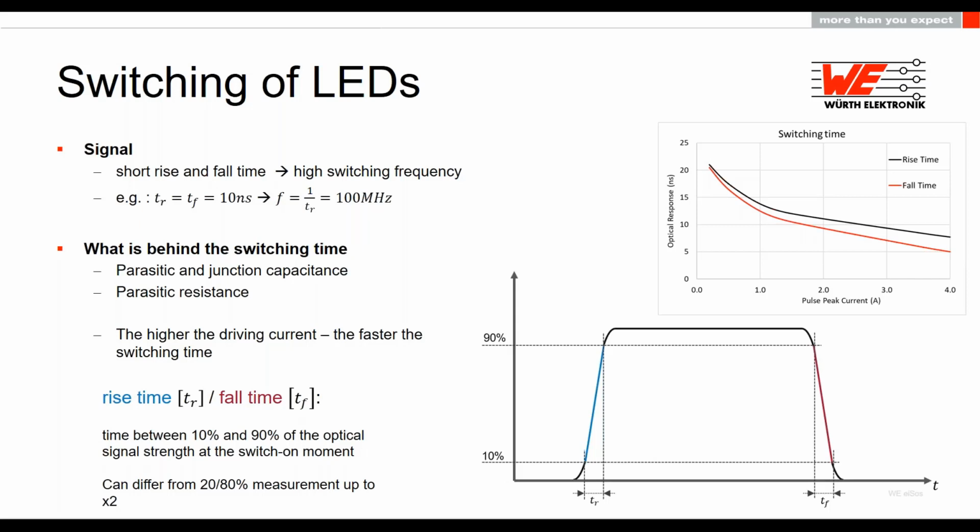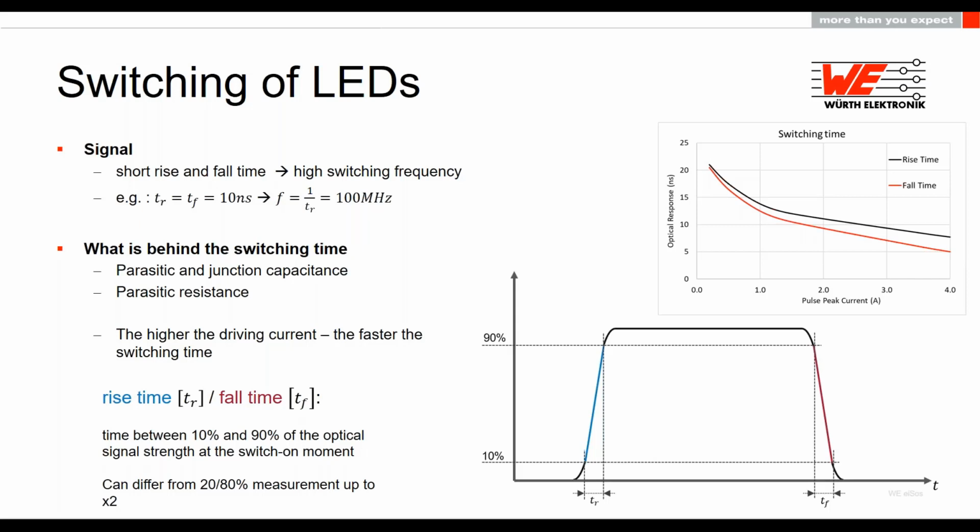This is a lot more accurate for people who want to use the LED for a full off and full on state compared to the 20-80% measurement. This is why we give this value in our case.